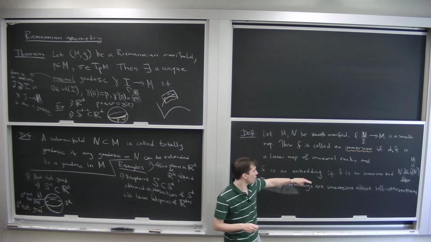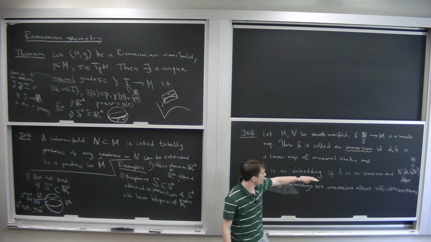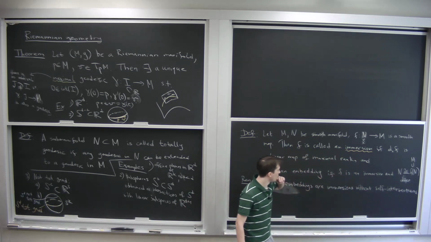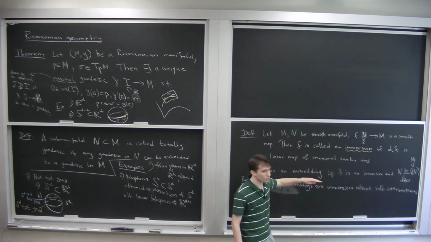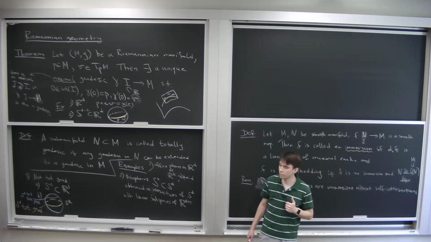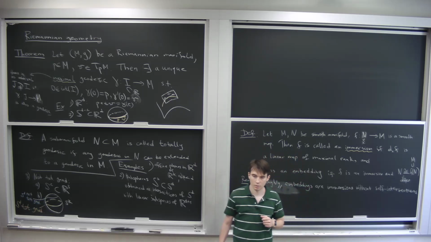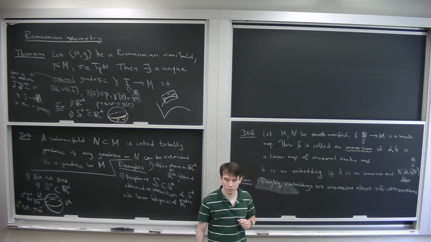If I take a smooth map which is a bijection with its image, and if it is an immersion, maybe it's still not enough. I'm not sure. There are things where you can have an interval that approaches itself.